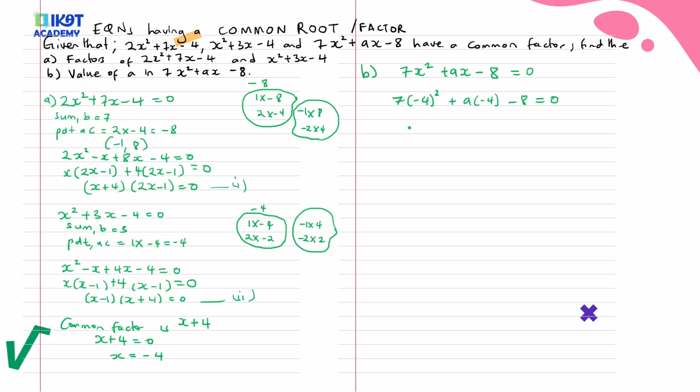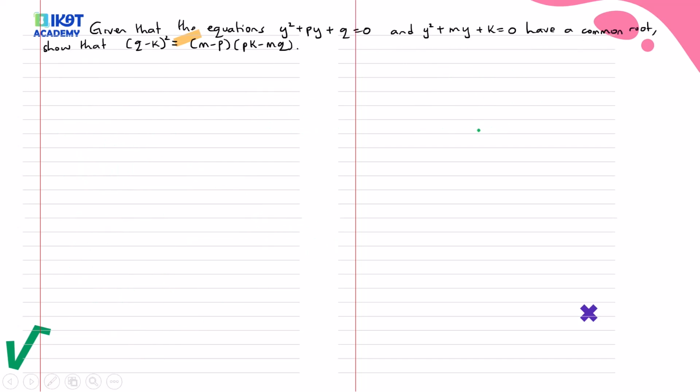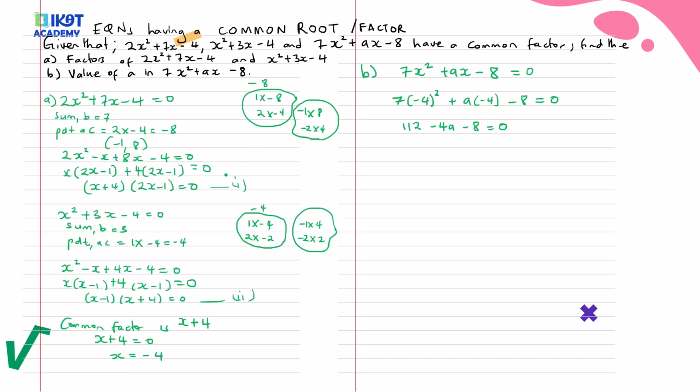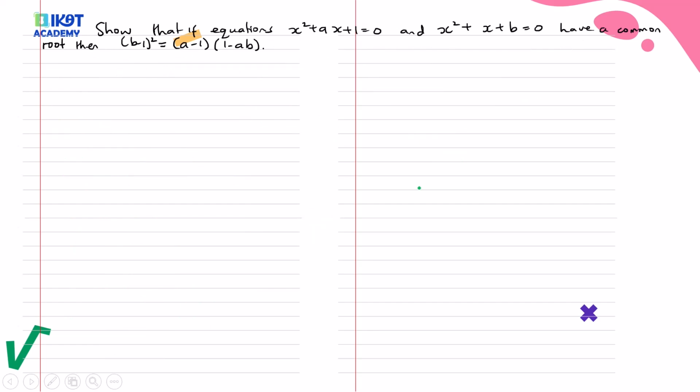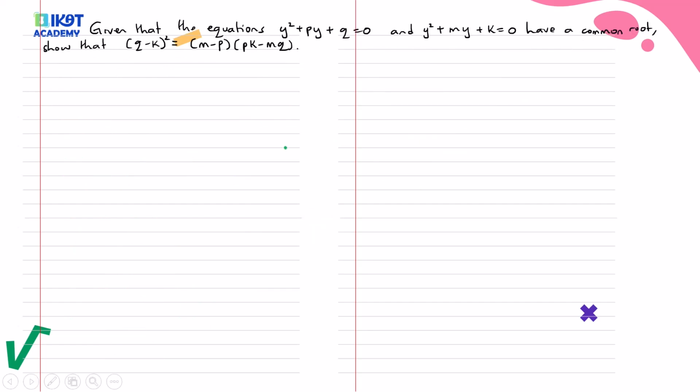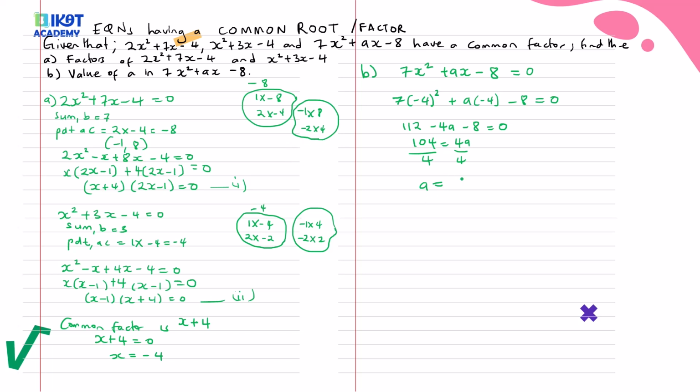Here I have 112 minus 4a minus 8 equals 0. With this we can solve and see what 112 minus 8 is. This is 104 equals 4a, divided by 4 on both sides. Our value of a will be 26. So we've solved the equation and found the value of a.